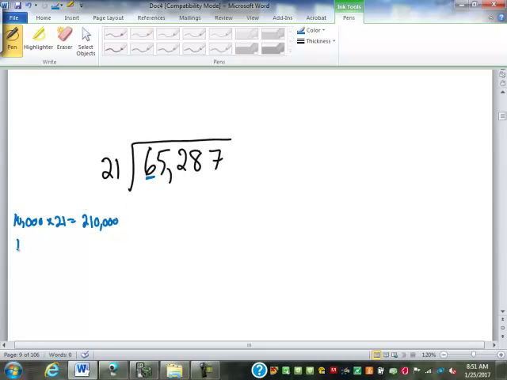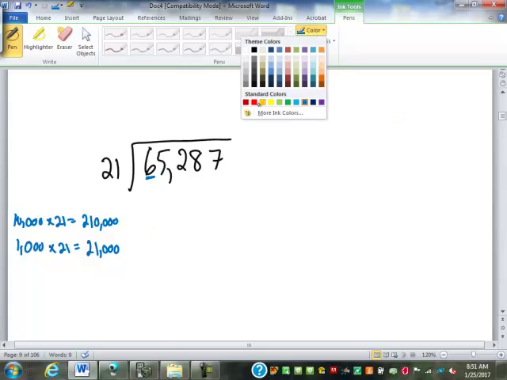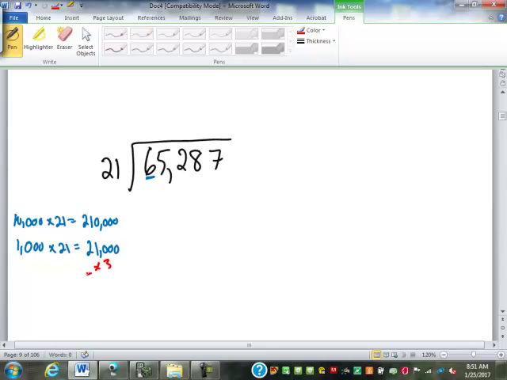So my next place value is 1,000. 1,000 times 21 is 21,000. Can I subtract that? Yeah, in fact, 3 times, right? Should be 63,000. So I subtract that. I've got 2,287 left.